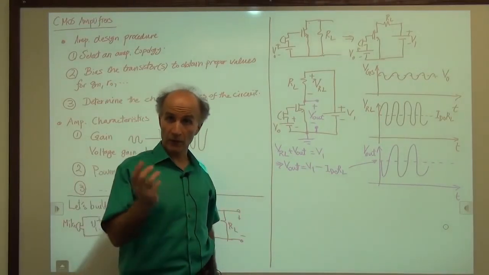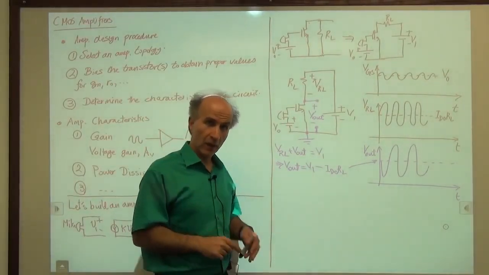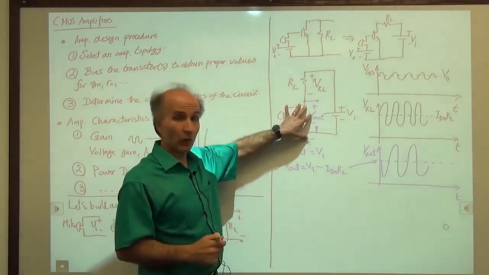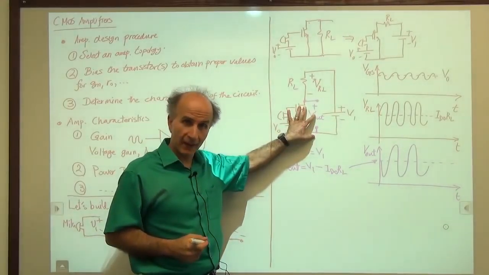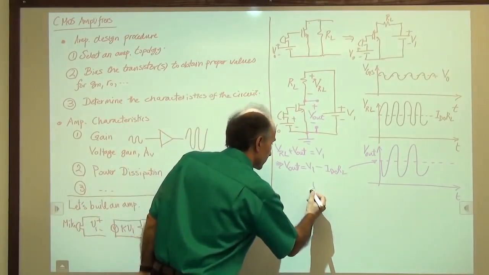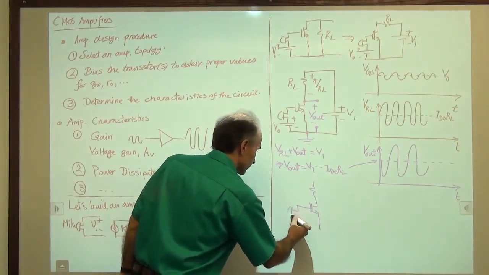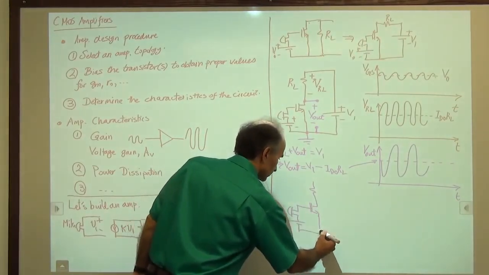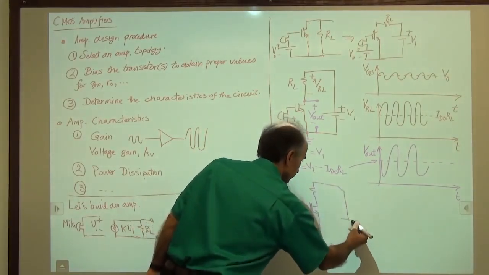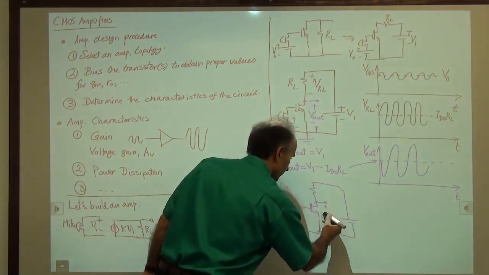All right, congratulations. We have built our first CMOS amplifier. And this amplifier is called a common source stage. So we will draw it again here. And this is V out from here to here.